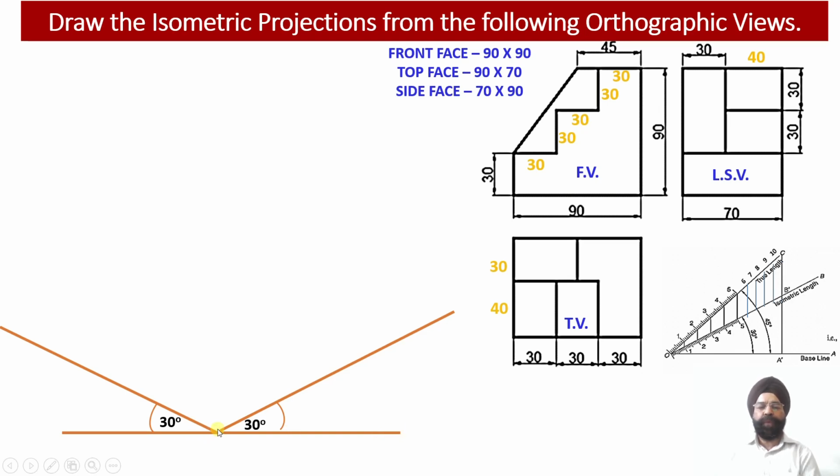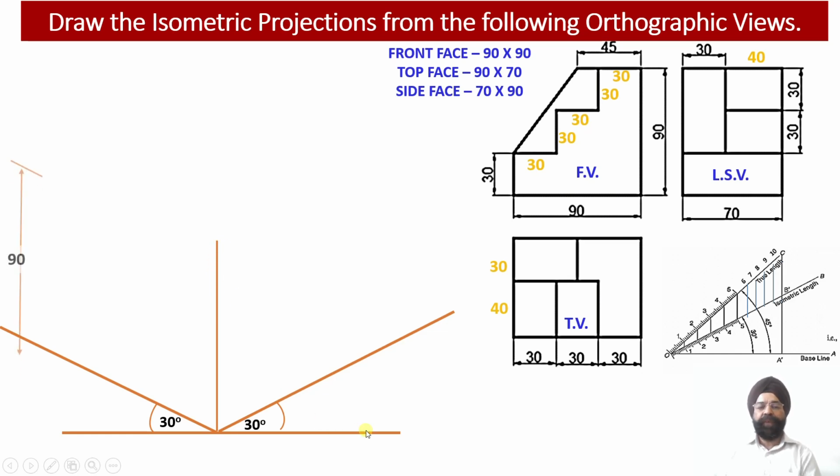So this is the origin point. From the origin point, we have drawn the x-axis towards the left side at an angle of 30 degree, and from this ground point we have drawn the z-axis at an angle of 30 degree towards the right, and the y-axis will be drawn perpendicular to the ground, and this is going to represent the height of the solid over there.